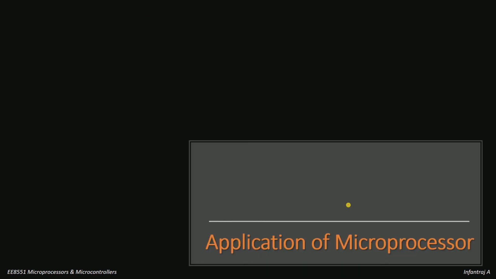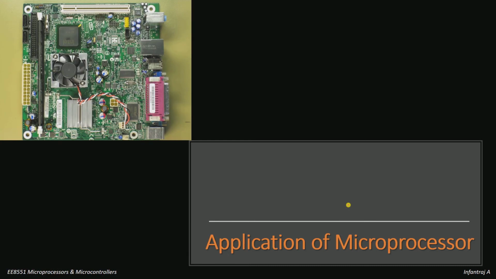Now coming to the application. The picture which you see now is a photo of the motherboard of a personal computer. The green electronic board which you find here is called the motherboard. The motherboard has many components which we will not be discussing today.